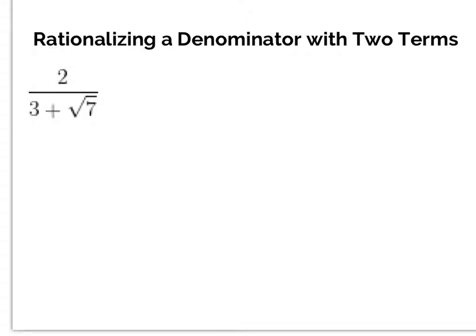Rationalizing a denominator with 2 terms is a bit different than rationalizing a denominator with just 1 radical term. So here we need to make use of something called the conjugate.